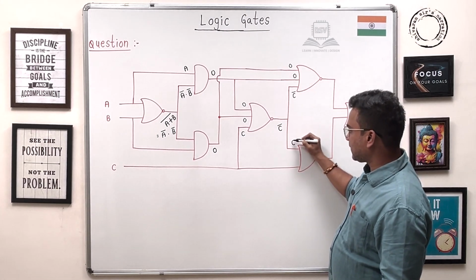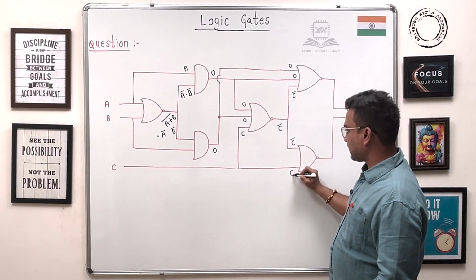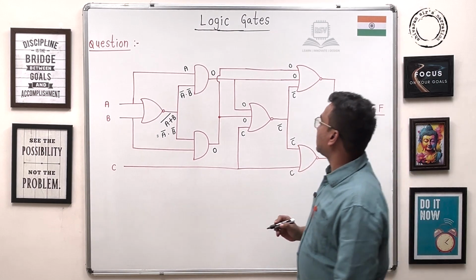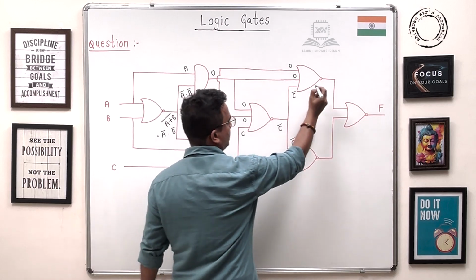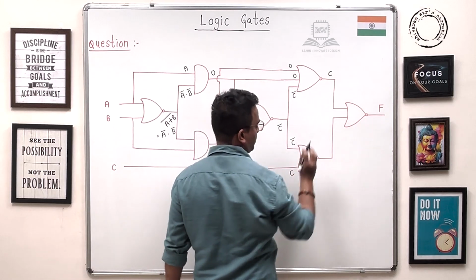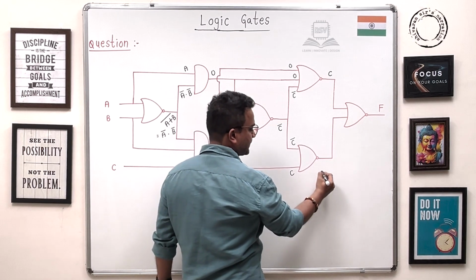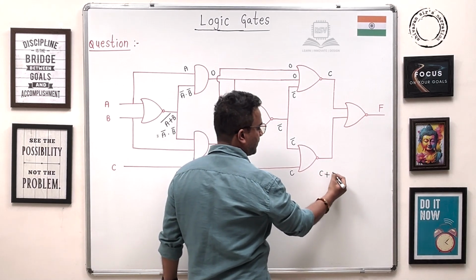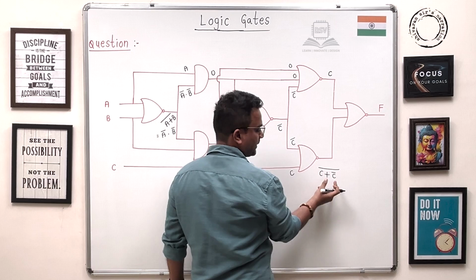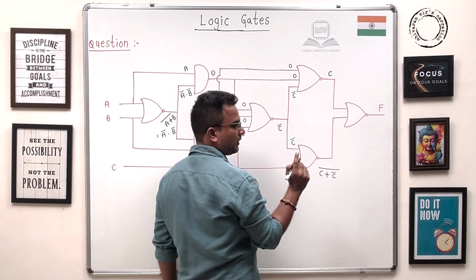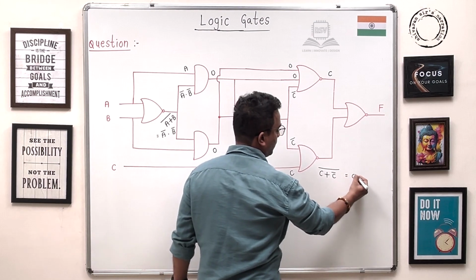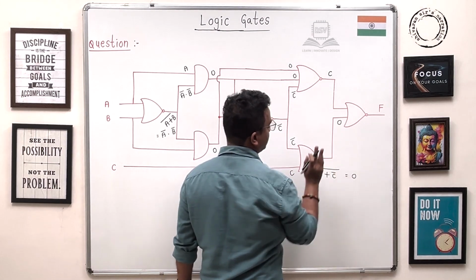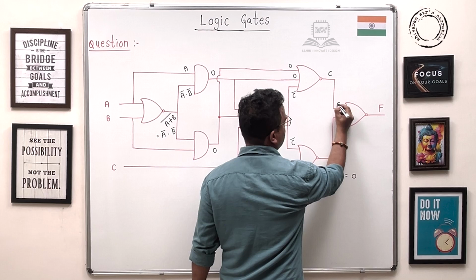Again here C bar, C. Now guys, here (0 plus 0 plus C bar) whole bar, C. Again here (C plus C bar) is 1, whole bar is 0, it is 0 now. And again finally guys, it is 0 and it is C.